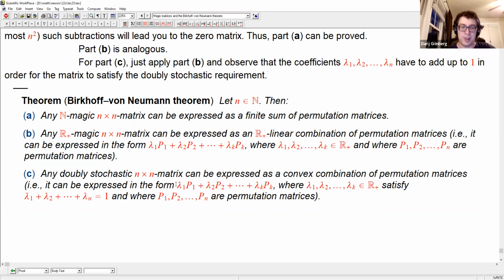Because basically, if you take this expression, if you look at this matrix, the sum of the entries in each row will be lambda 1 plus lambda 2 plus ... plus lambda k. So if you get a doubly stochastic matrix, then the sum has to be 1. So we're not actually getting anything new, except I'm seeing there is a typo here. The n should be k, and here too.